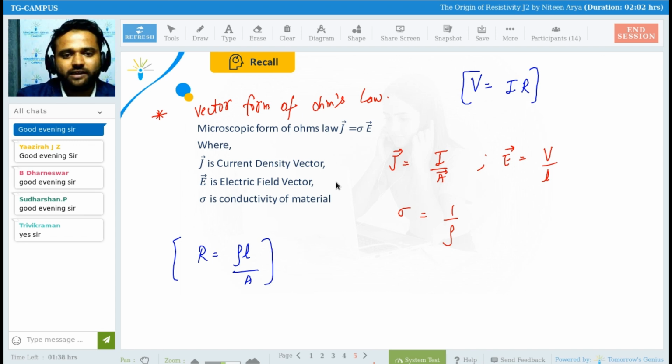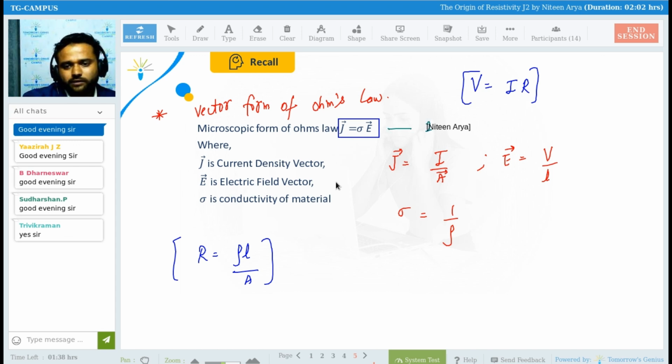I'm not going to derive this again, but I just let you know how we can go about it for the people who were not in the previous class. Just put R equals rho L by A, and V equals E into L, and then I by A can be converted into J. So automatically you get this relation, relation number 1.